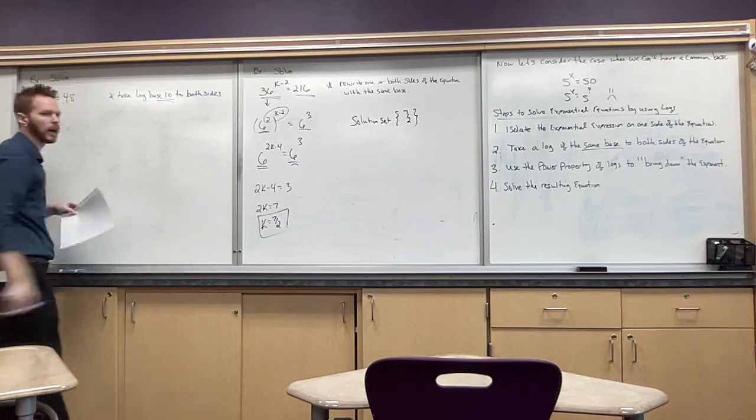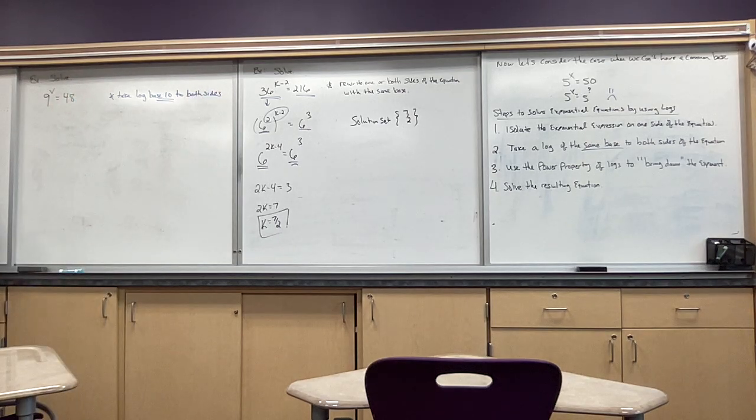And you're gonna be doing that a lot, base 10. You could have done the natural log, and we'll look at one of those in a moment. So this is gonna be log 9^v equals log 48. Now because it's base 10, I'm not gonna write the base underneath it. We know that if there's nothing written there, it's assumed to be a base 10.